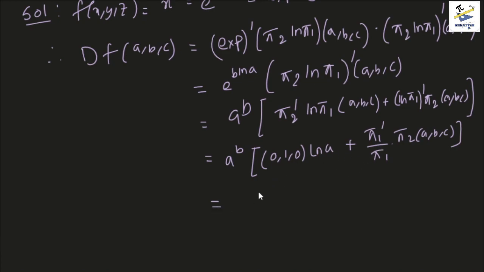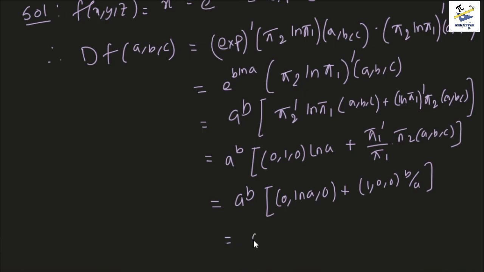That's just a single variable calculus task. So a to the power b, multiplying this you get 0 comma ln of a comma 0 plus pi 1 prime, which is basically 1 comma 0 comma 0, and pi 2 by pi 1, when putting the value, you just get b by a.